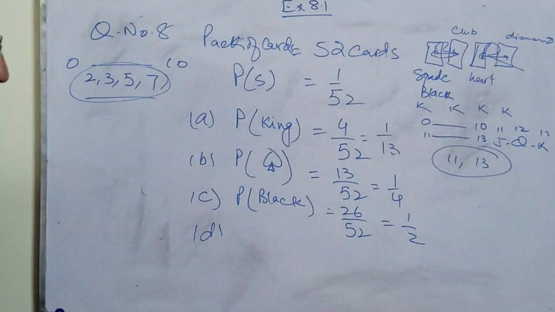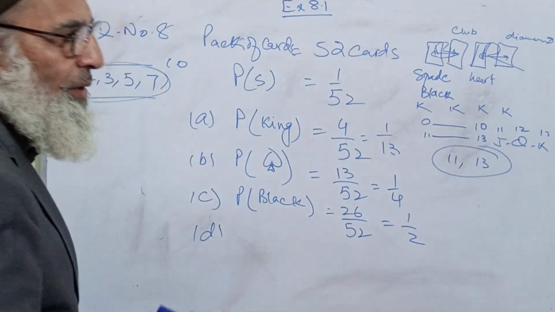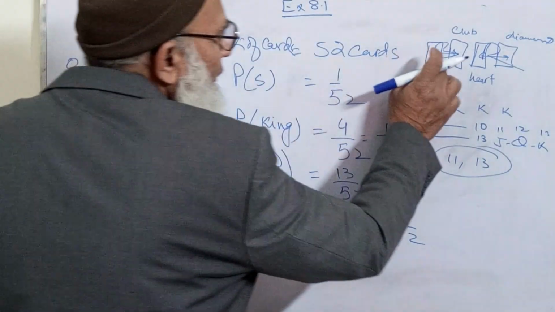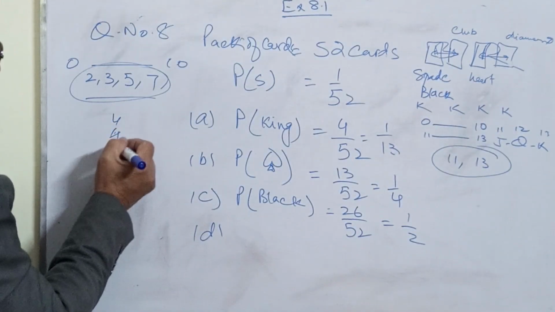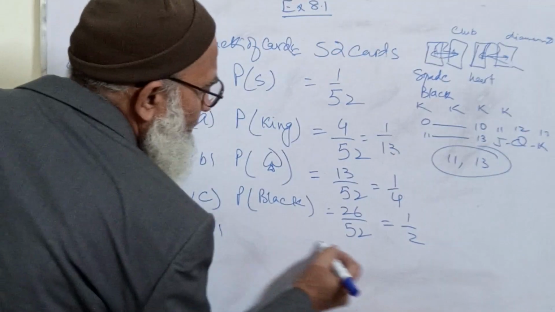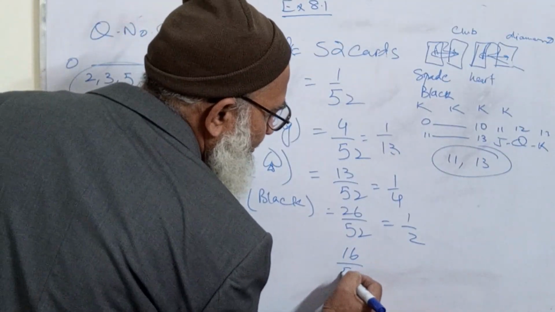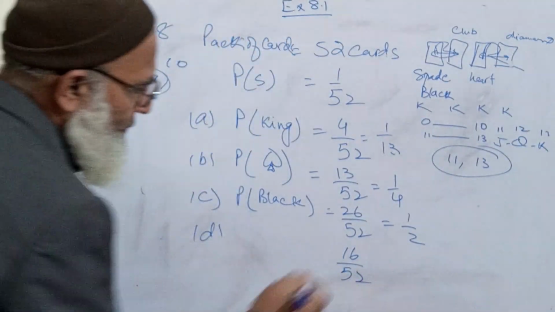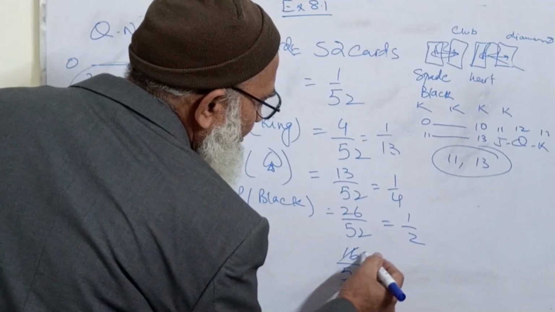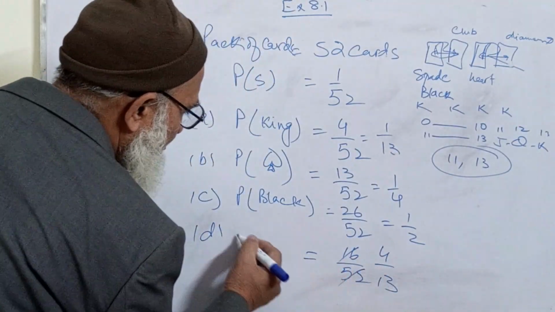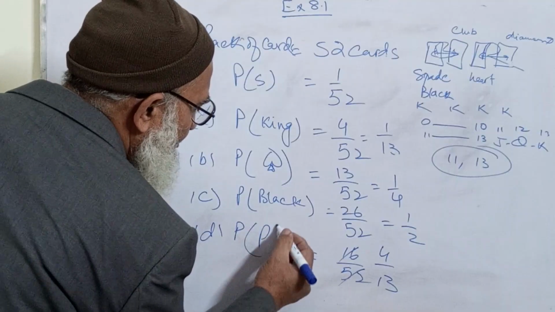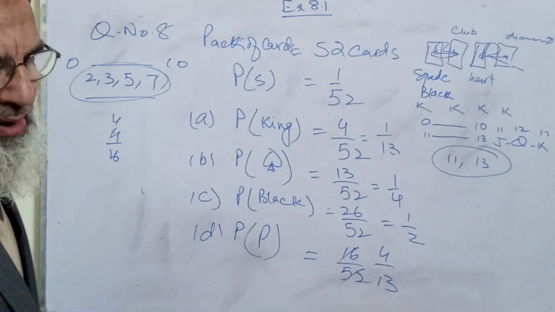Four prime numbers multiplied by 4 suits is 16, so it is 16 upon 52. If you divide by 4, it becomes 4 upon 13. This is the probability that the card is prime.